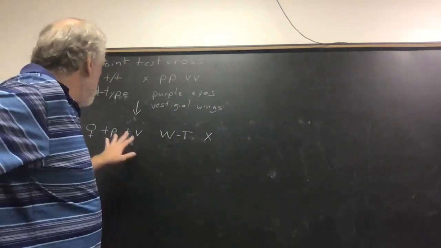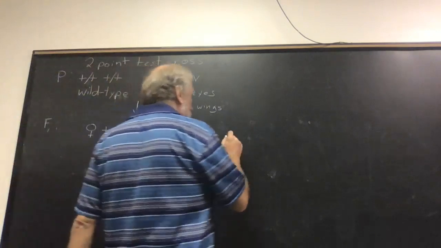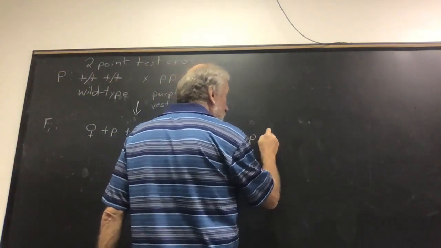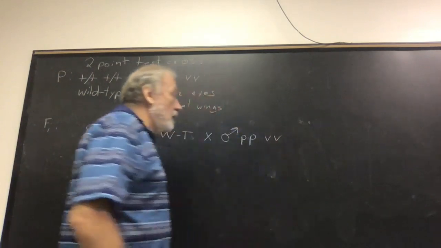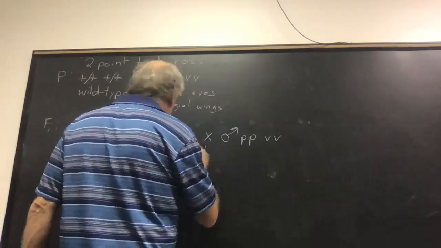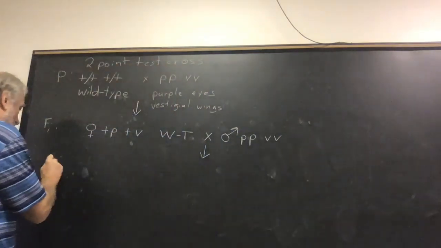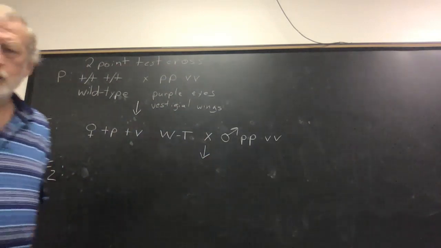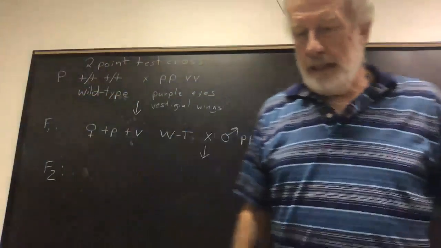We take our F1 female and cross her with a tester male, which means a homozygous recessive purple vestigial male. Then we see what the F2 flies look like, and from the F2s we'll get our data to do our map.